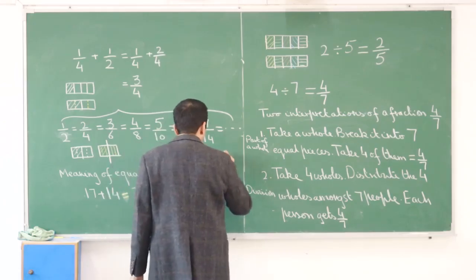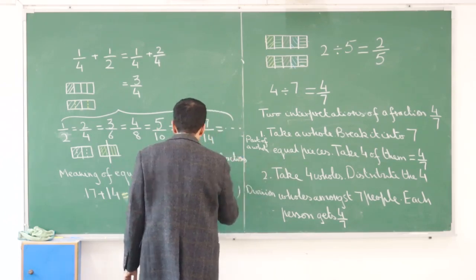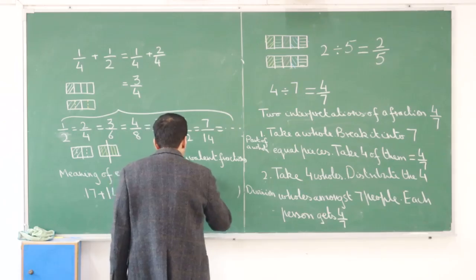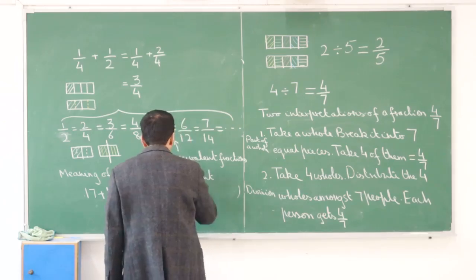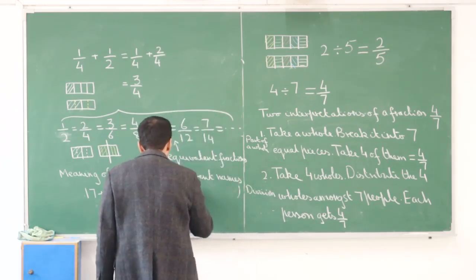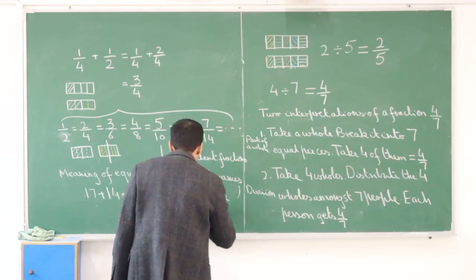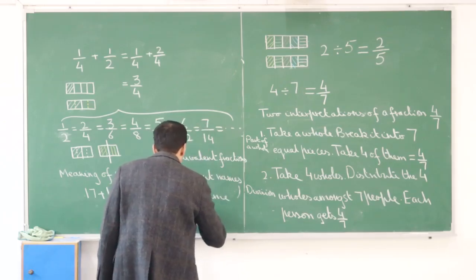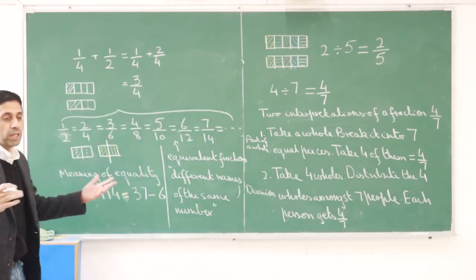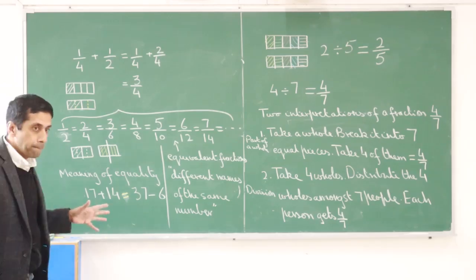This is how you should remember them: different names of the same object, of the same number. There's a reality which is a number, and you are just using different names for it. Okay? Is this clear? Okay.